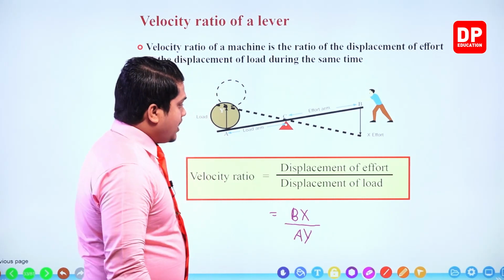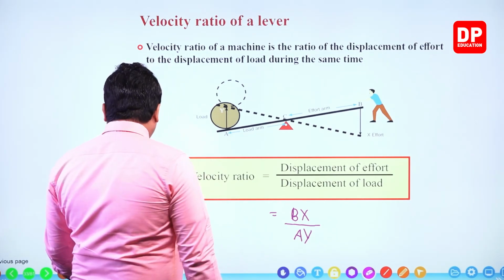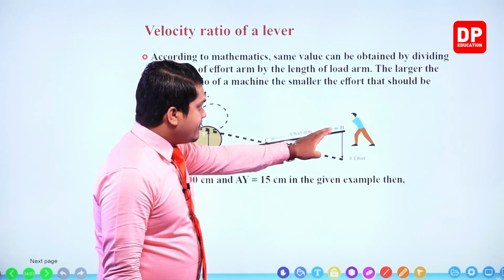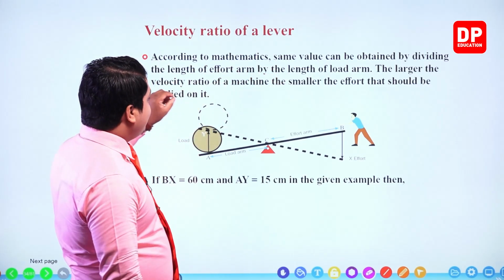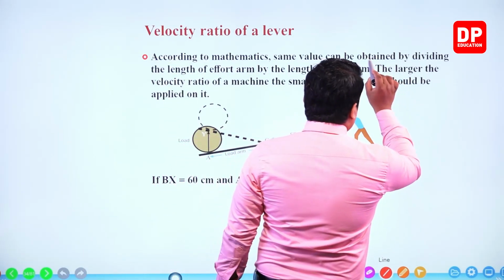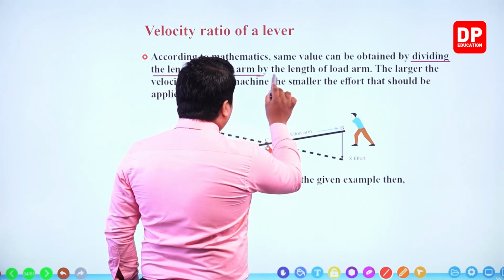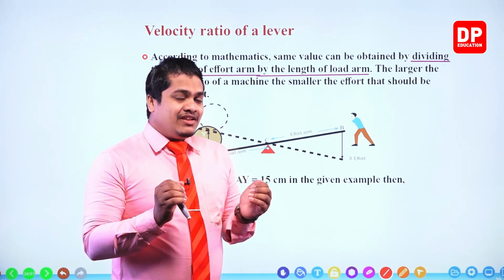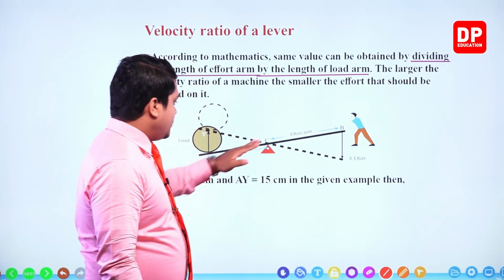However, according to mathematics, it is also equal to the length of the effort arm divided by the load arm. That means, my dear children, the velocity ratio is further equal to effort arm divided by load arm.